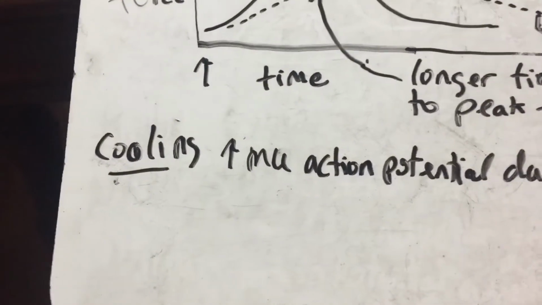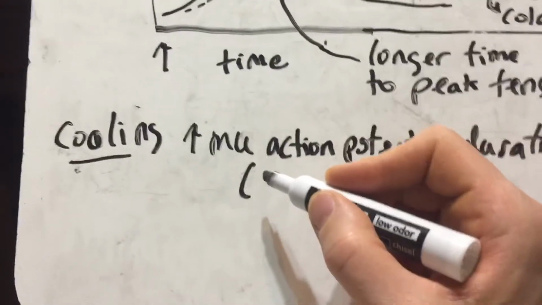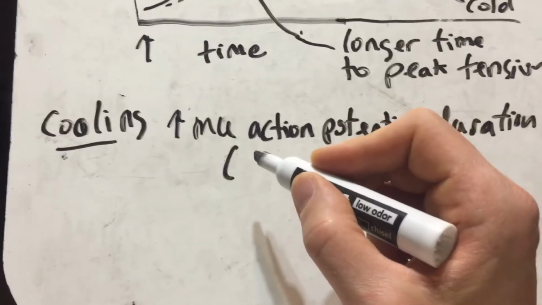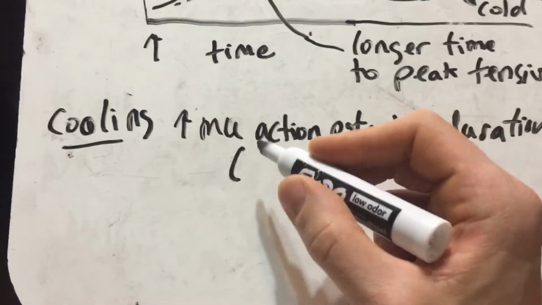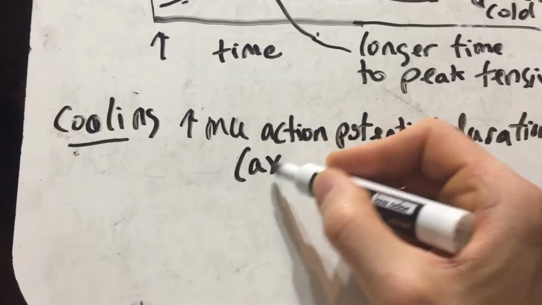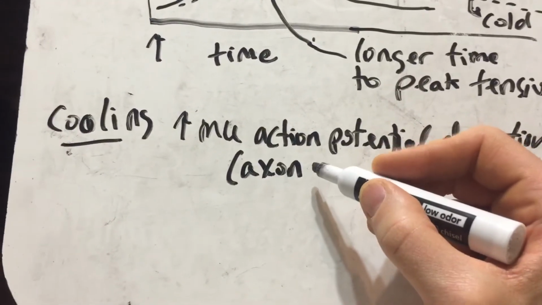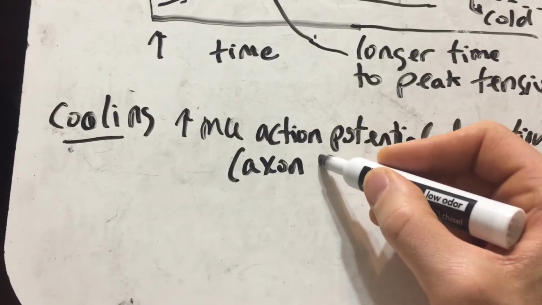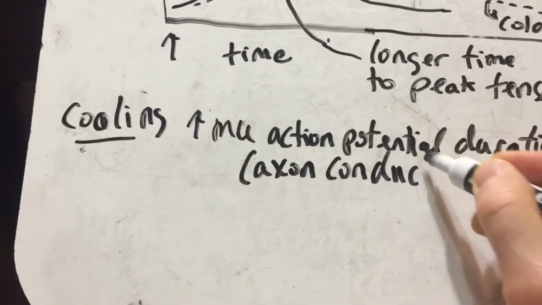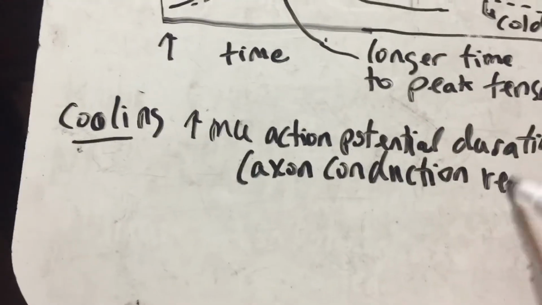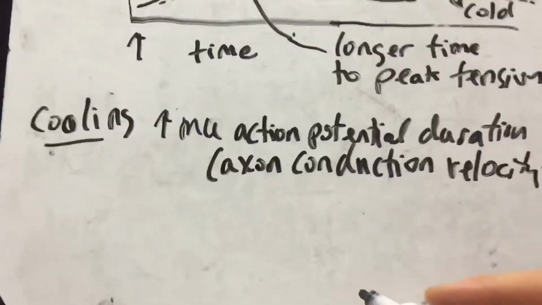What that essentially means is that the conduction velocity of the action potential down the axon of the motor unit innervating the muscle fiber was slower. So the axon nerve conduction velocity was slower. So it decreased with cooling.